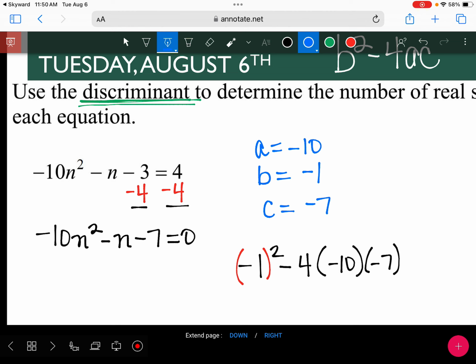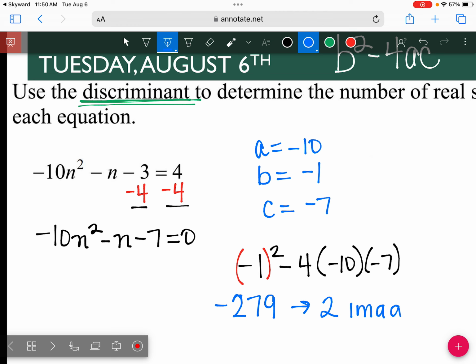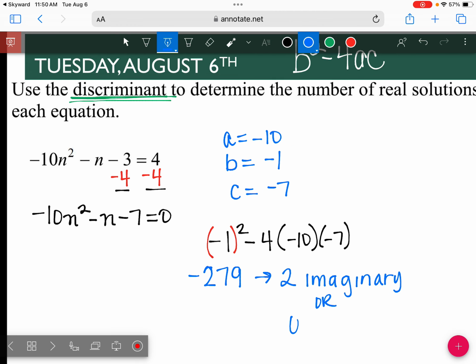And you should get, what did you all get? Anybody else get negative 279? Yeah. All right. So because it's negative, what does that tell us about our solutions? 2 imaginary solutions. You could also say 0 real solutions.